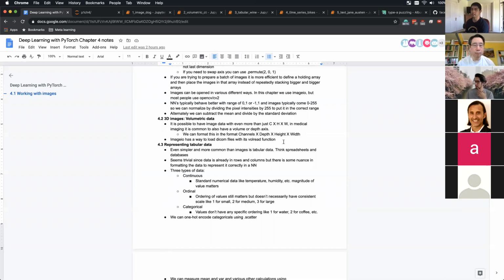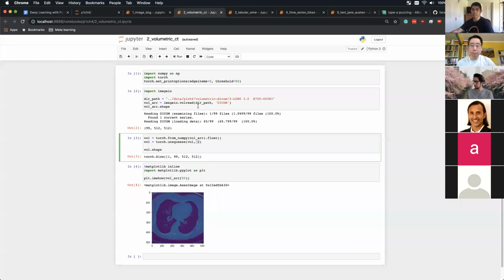And so you might end up with a format where you have channels, depth, and then height and width. If you ever run across data like that, you don't really have to do anything too special in terms of representation. You just add an additional axis, and now we'll load in the depth as well as the channels and height and width. It's not really anything too magic or complicated.